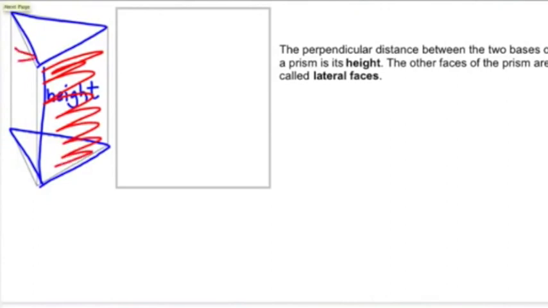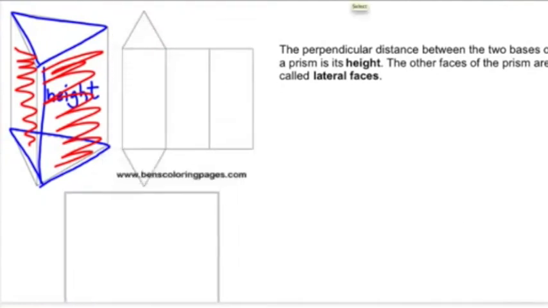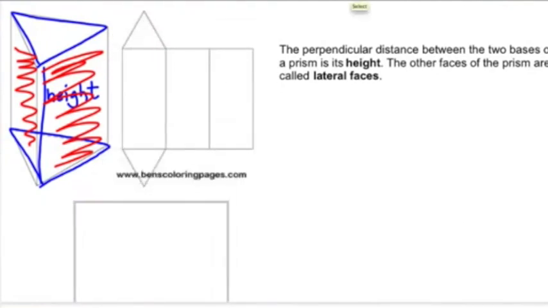Why don't we instead take a look at this lovely net brought to you by benscoloringpages.com. So anyway, back to the triangular prism. So we have the base here, another base here, and we have the lateral face, lateral face, lateral face.